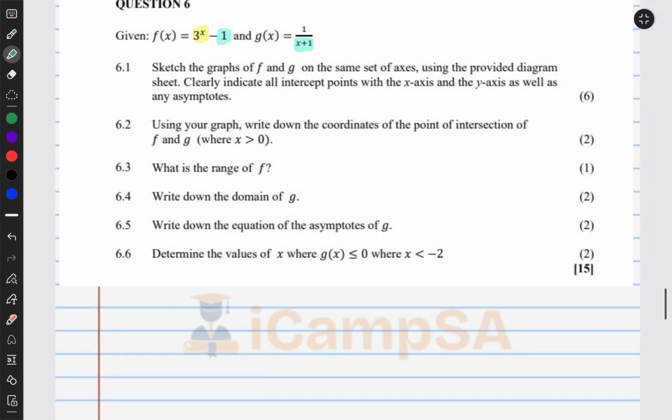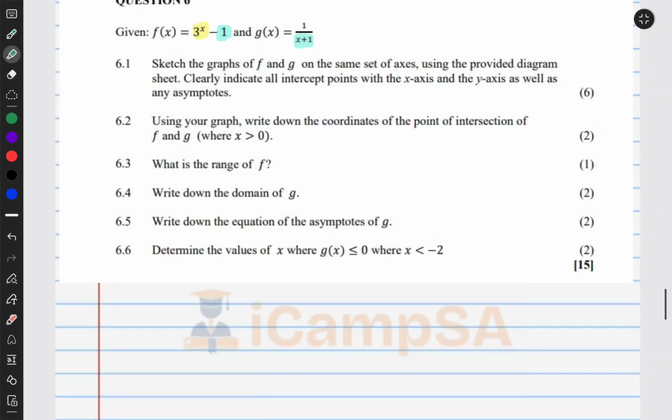Okay, and then for 6.1, sketch the graphs of f and g on the same set of axes using the provided diagram sheet. Okay, we don't have it here, we'll just draw it. Clearly indicate all intercept points with the x-axis and the y-axis, as well as any asymptotes. Okay, for 6.1, let's start by finding the asymptotes.